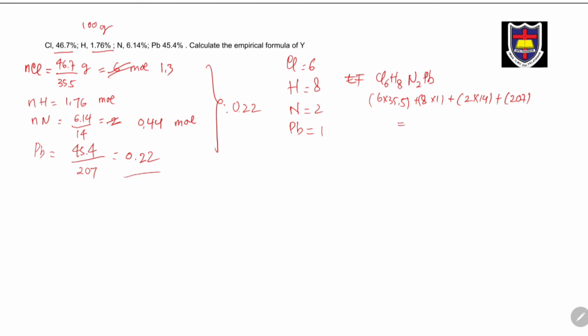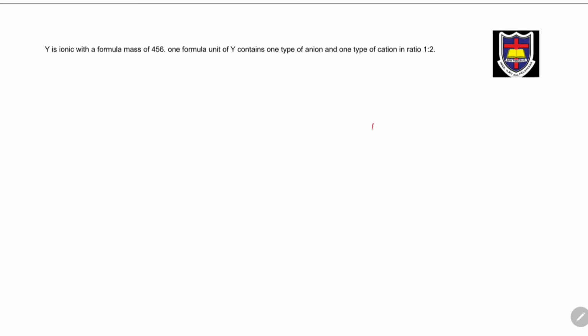The sum of Ar is 456, and because the Mr is 456, the molecular formula is the same as the empirical formula, Cl6H8N2Pb.